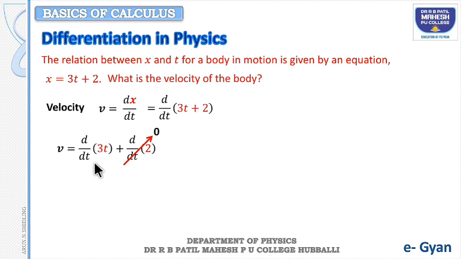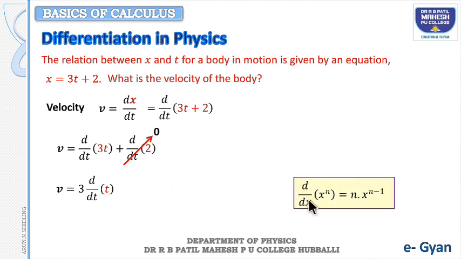Then the differentiation of this term will be found out using the standard formula. Here 3 is a constant. I'm keeping it away from the differentiation, and I'll differentiate d by dt of t. To do that, I'll use the standard formula, that is d by dx of x raised to n, which is equal to n into x raised to n minus 1. To use it, let us first figure out the value of n.